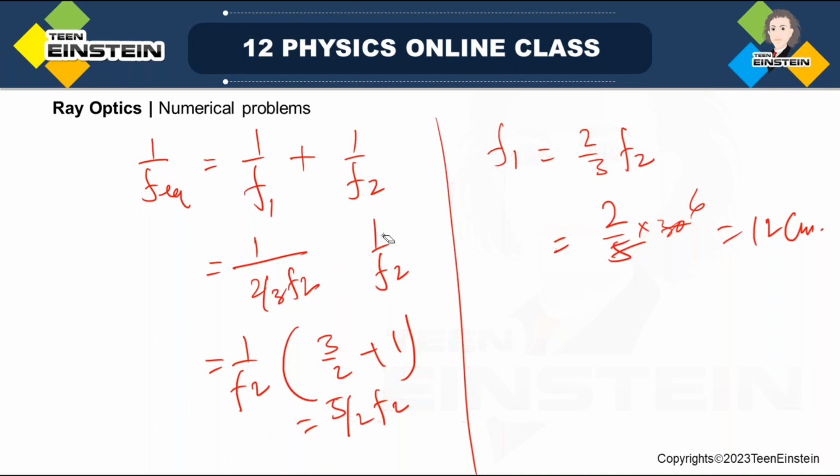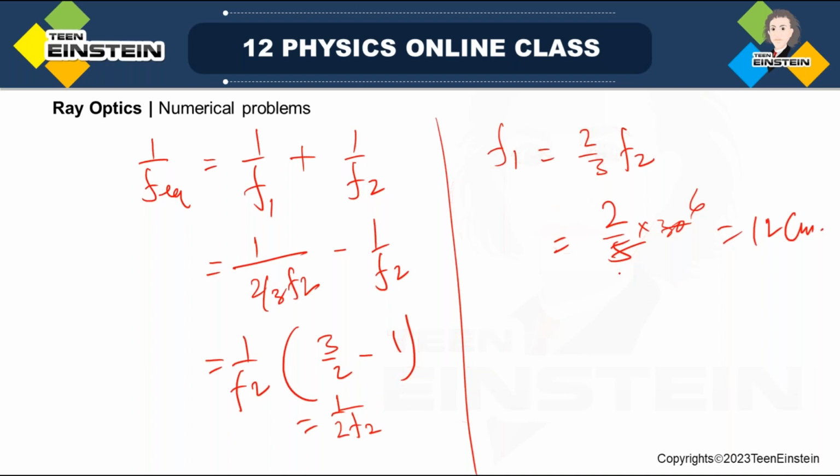So we have to take here negative. So you will get eventually minus 1 over 2 F2, sorry, 2 F2.